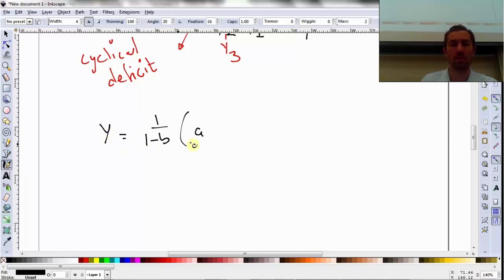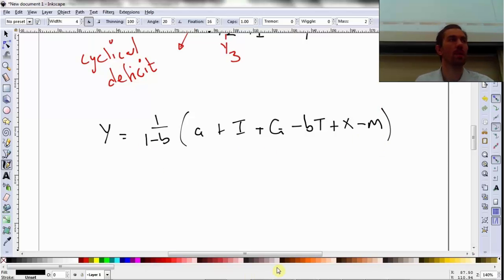Y equals the multiplier times all our autonomous components: A plus I plus G minus bT plus X minus M. So we're assuming all of these things are exogenous.